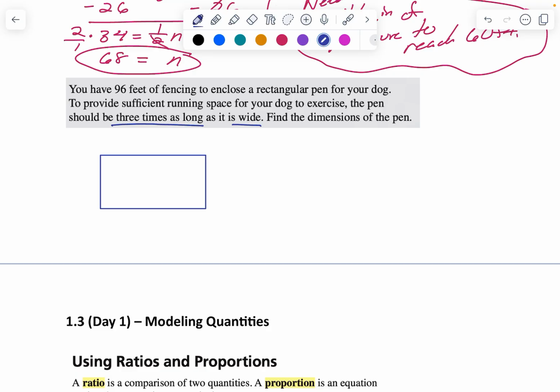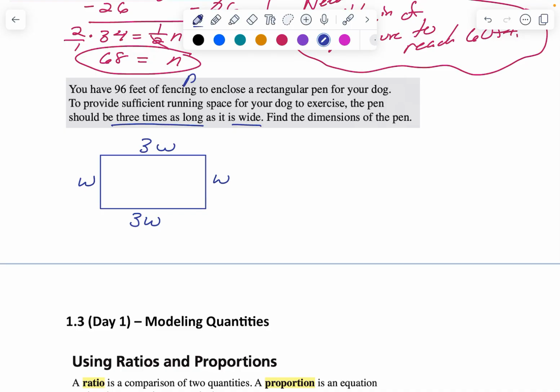This is the width. Now it says it's 3 times as long as it is wide. So we can call it W or X, but the length is 3 W's, 3 times as long as the width. And if you want to, we can put those here and here too, because it is a rectangle. And the 96 feet of fencing has to go all the way around.